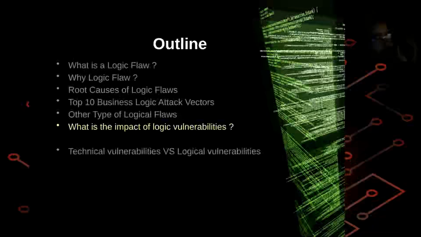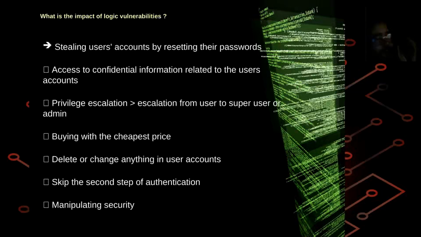So what is the impact of logical flows? From this, I think that a lot of people understand that logical flows are about stealing users' accounts by using their passwords or accessing confidential information related to the user's account.